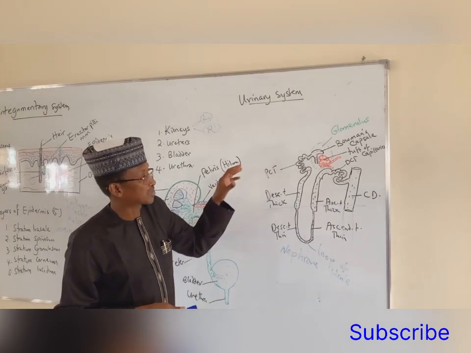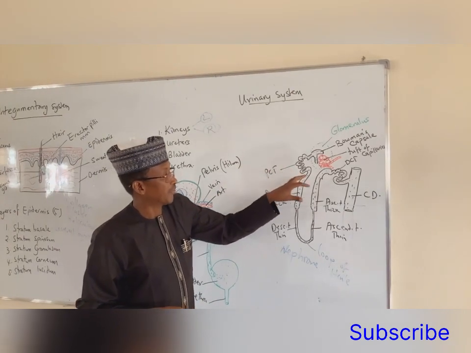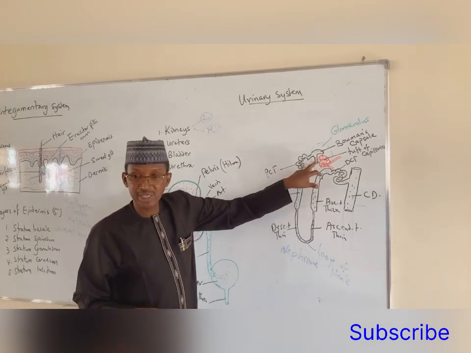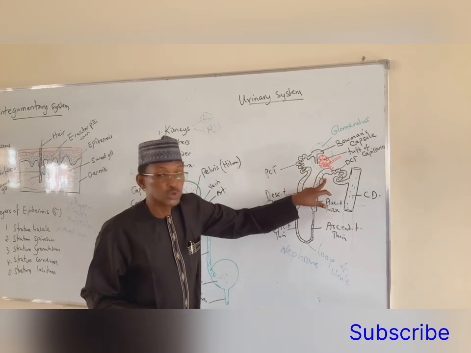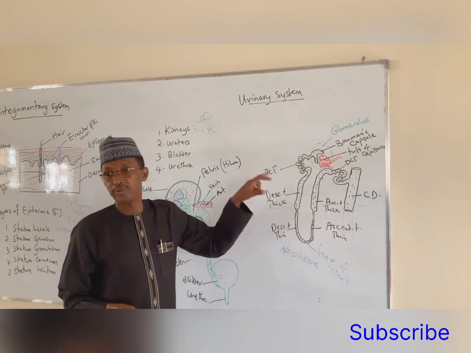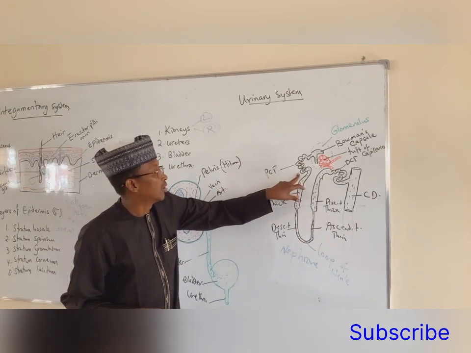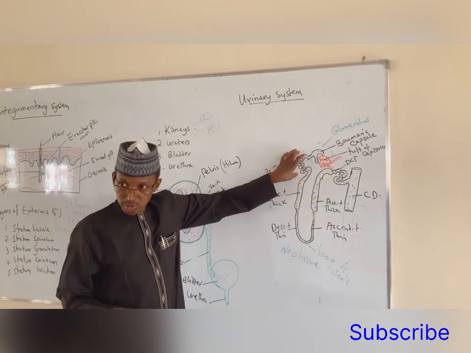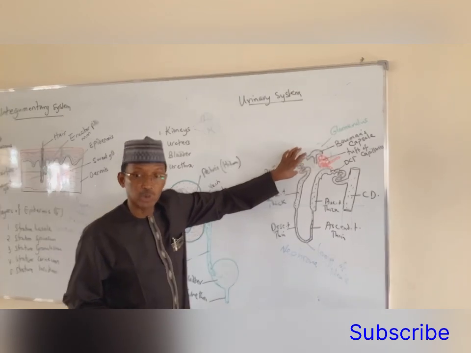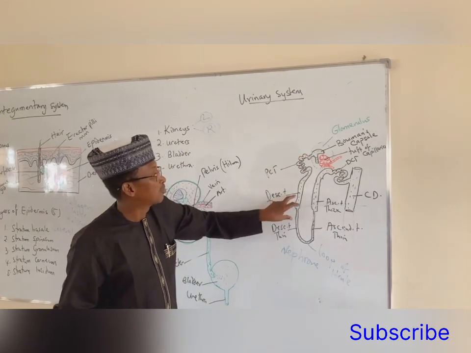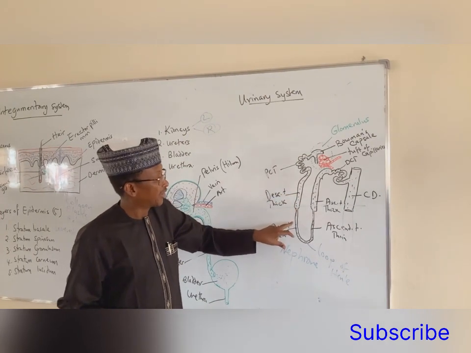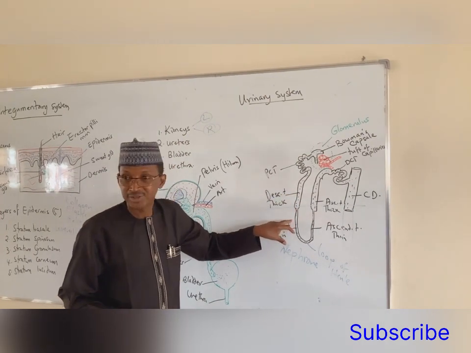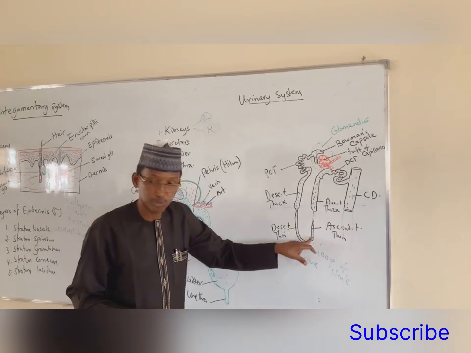So we have seen that the nephron has a Bowman's capsule, a proximal tubule, a distal tubule, and a loop. The proximal tubule has a convoluted portion, what we call the proximal convoluted tubule, and the proximal descending thick tubule, and then the descending thin tubule that forms part of the loop of Henle.